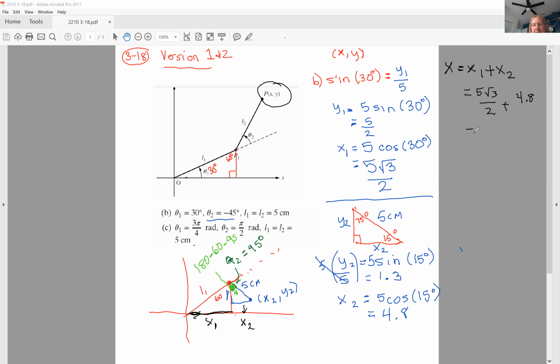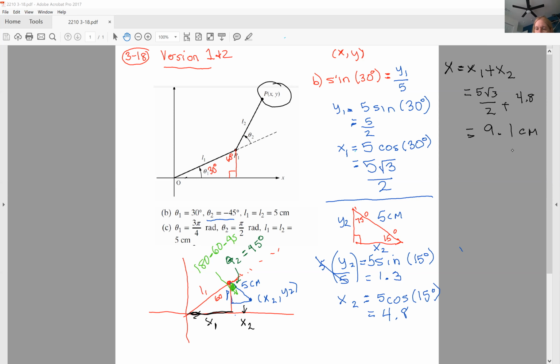And I'll get a decimal value for the whole thing. Hold on. So 3 times 5, over 2, plus 4.8. So I get 9.1. And I'm really rounding a lot. So this is 9.1 and this is centimeters.